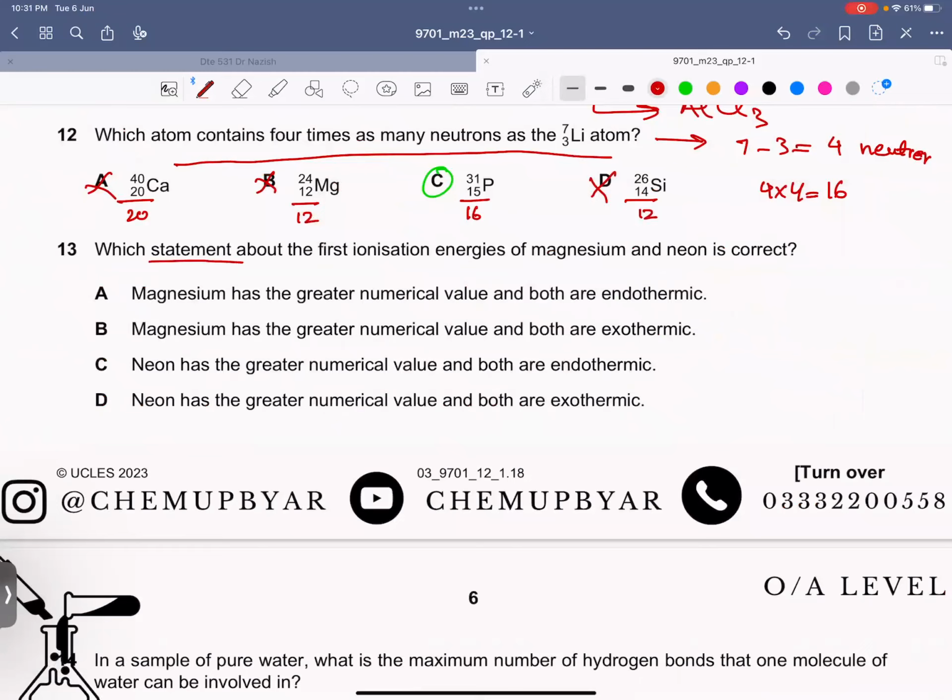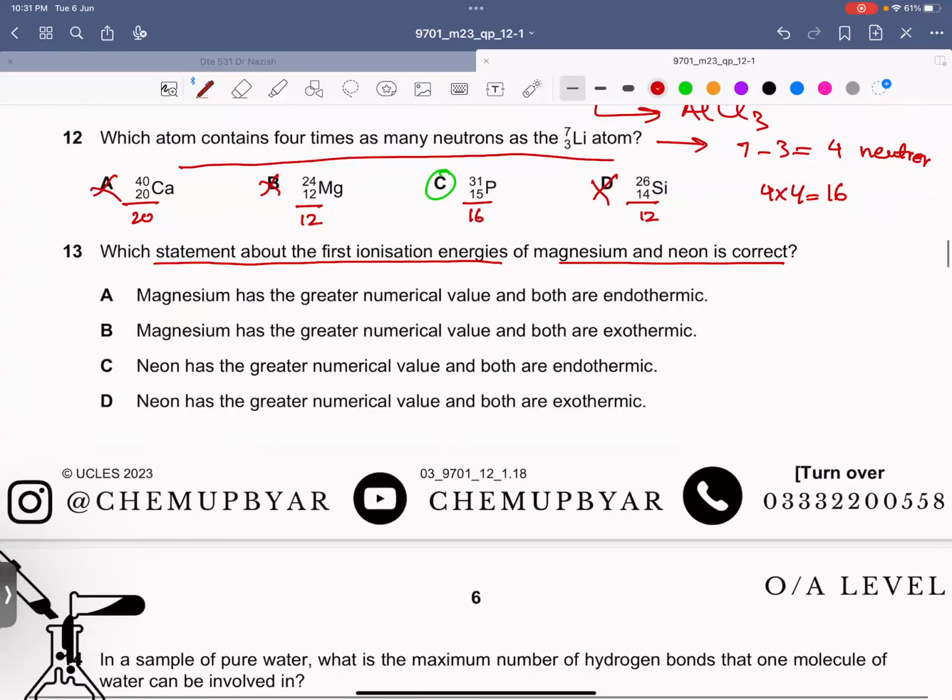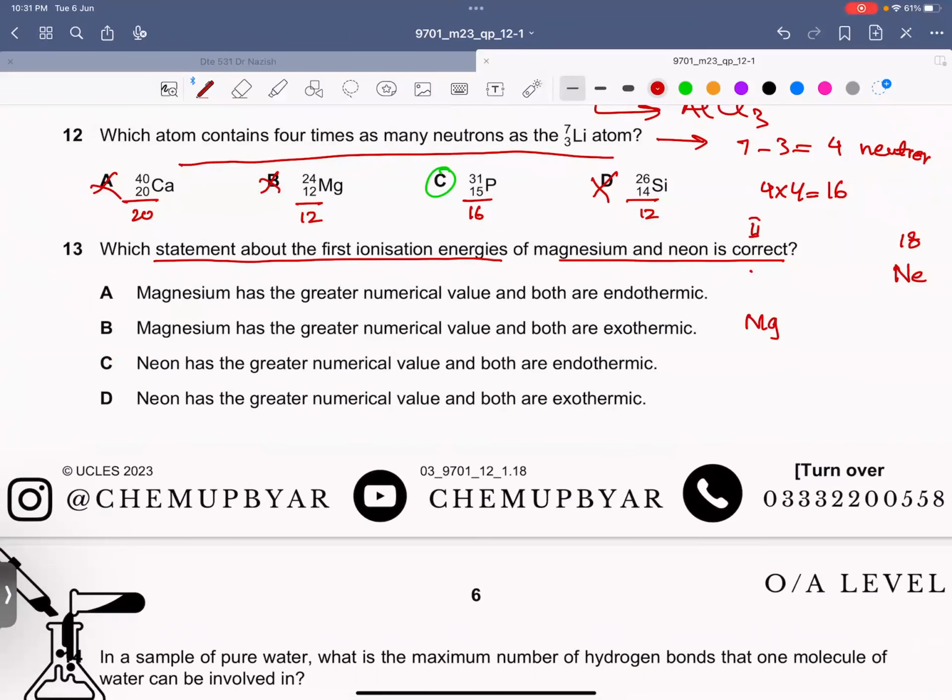This statement about the first ionization energies of magnesium and neon is correct. Magnesium and neon. So either magnesium or neon, which one has a greater value of ionization energy?